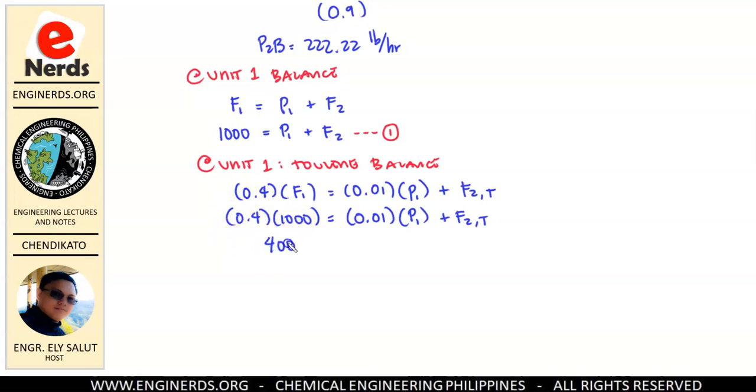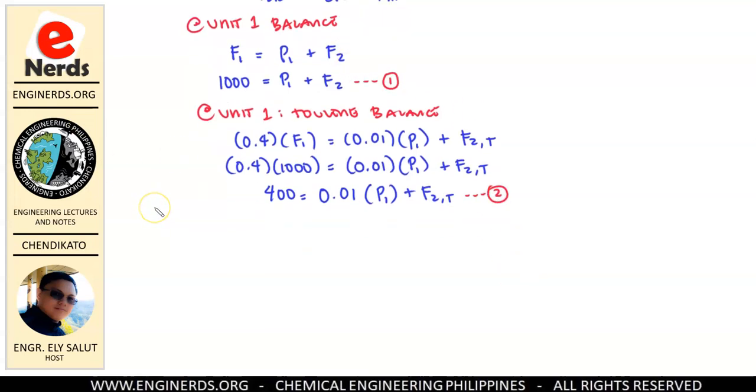So, we have 400 is equal to 0.01 times P1 plus F2T. Let me name this for now as equation 2. Ina-assign lang natin para madali natin siyang ma-recall mamaya.